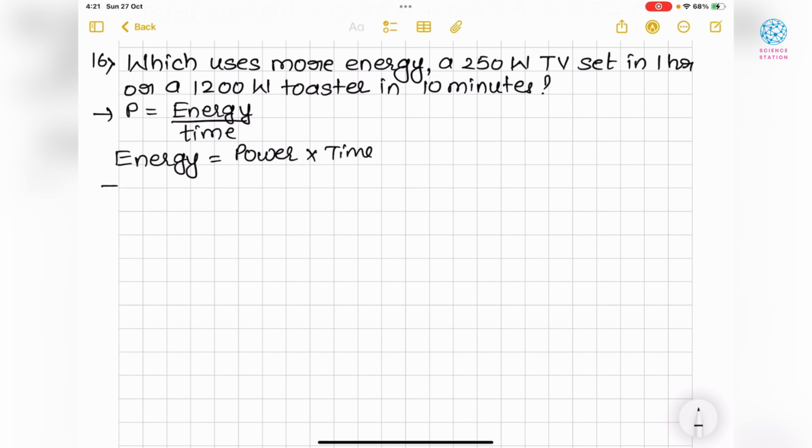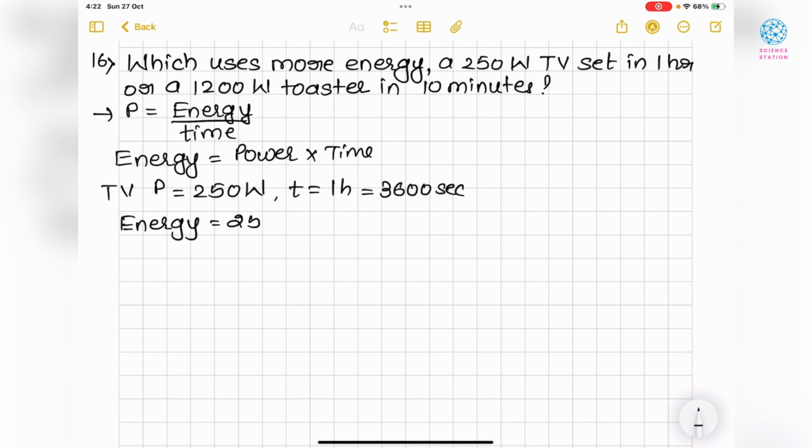So TV power will be 250 watt. T equal to 1 hour. So that is 3600 seconds. So energy will be 250 into 3600. So that will be 9,00,000, that is 9 into 10 raised to 5.